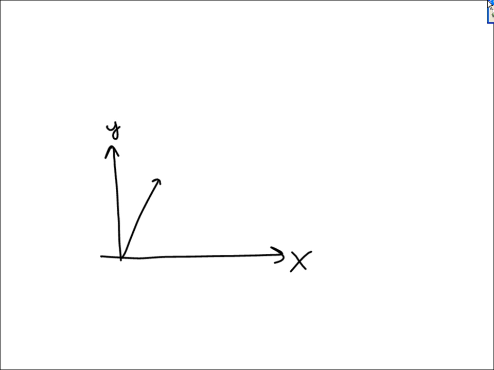Suppose you have the vector P, which is x1, y1, and you have the vector Q, which is x2, y2.